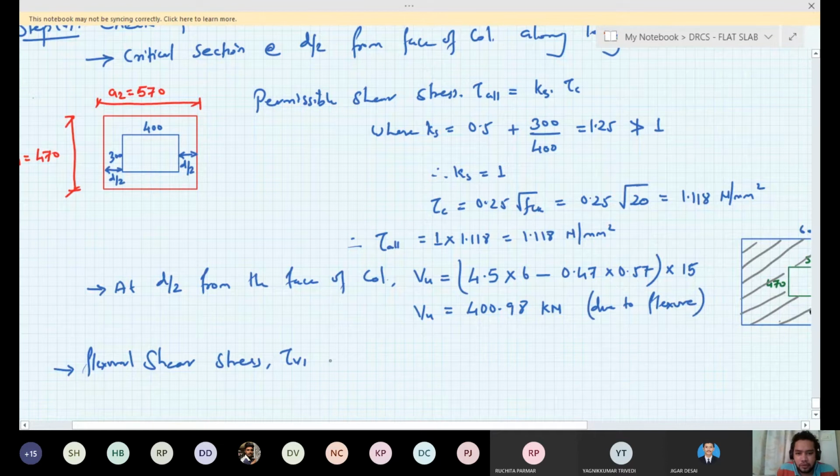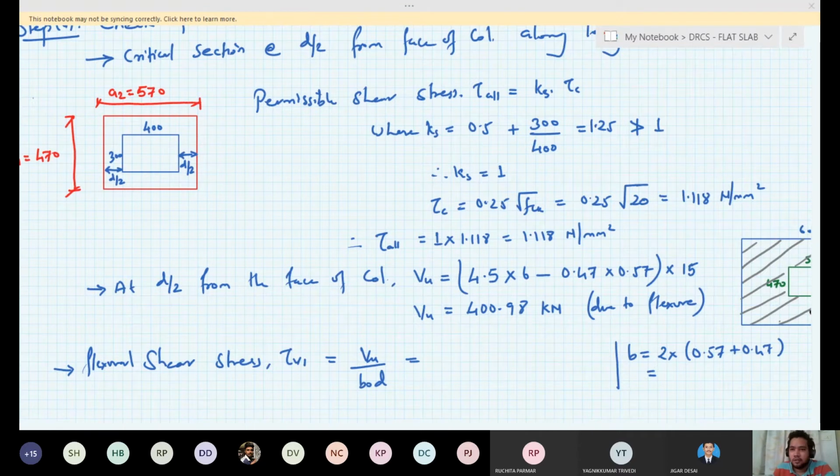So tau v is equal to Vu upon b0, that is the width of the perimeter, into d. Now here the width of the perimeter is 2 times 0.57 plus 0.47. So how much is this?